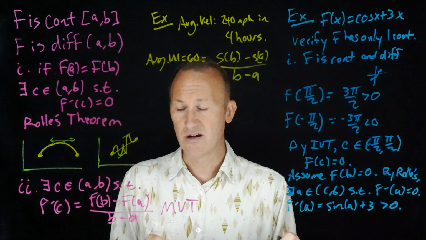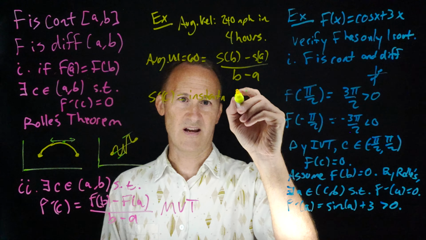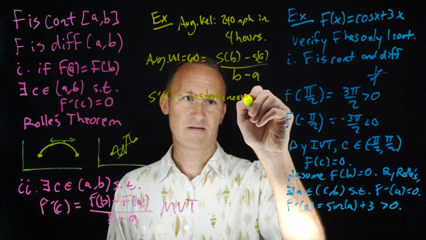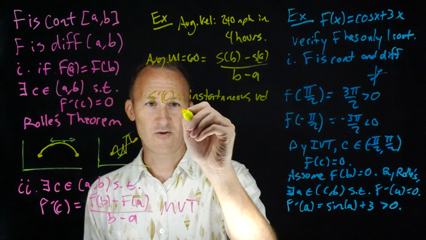You can prove it, since it's a differentiable, continuous function, using the mean value theorem. It must be the case that s prime of c, which is the instantaneous velocity, must equal 60 at some point, by the mean value theorem.